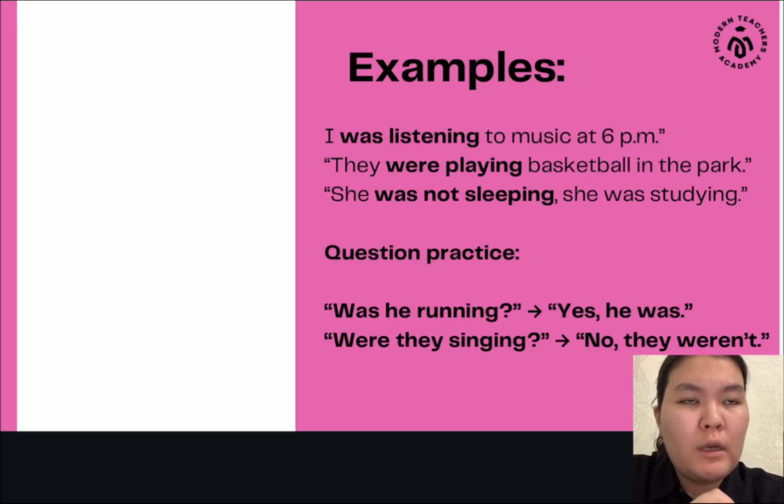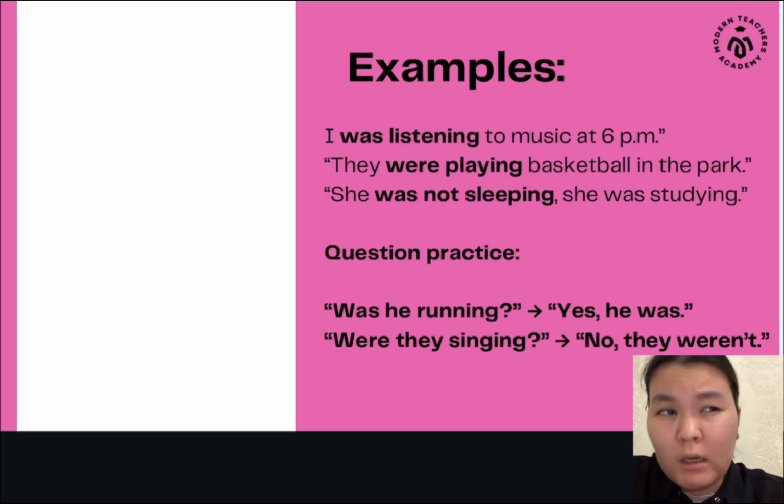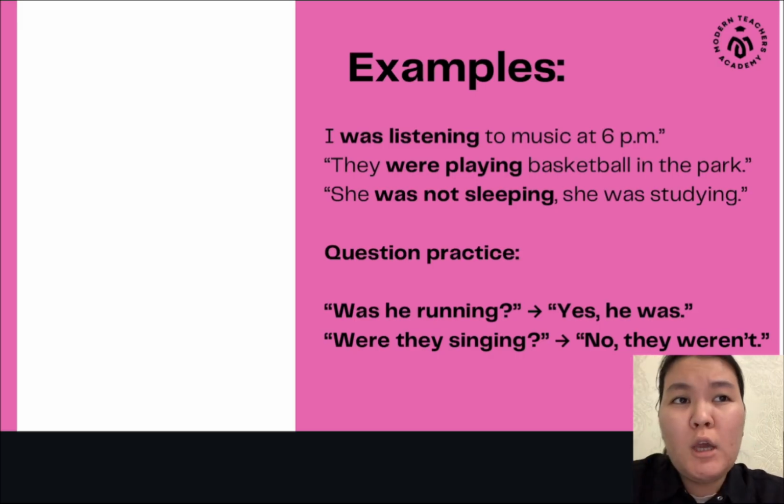And in the third sentence, she wasn't sleeping. She is our subject, was is our grammatical structure, and the sentence is made in the negative way. After was, you can see not, then sleep is our verb, then ing.